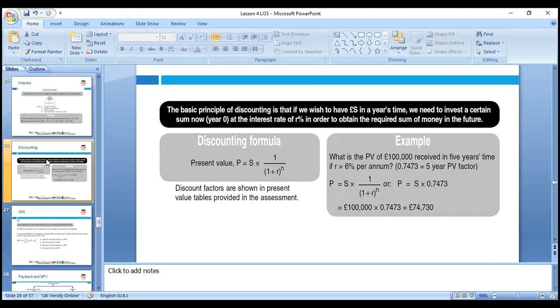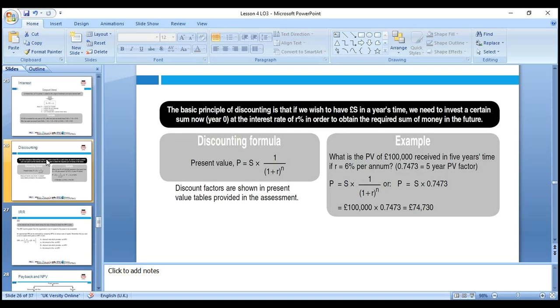Okay, then the discounting formula: present value P equals S, where S is the sum you will get in the future, times 1 over (1 plus R) to the power of n. So we can take 1000 times that, and that will give us the total value. For a 5-year period the present value factor is 0.75.